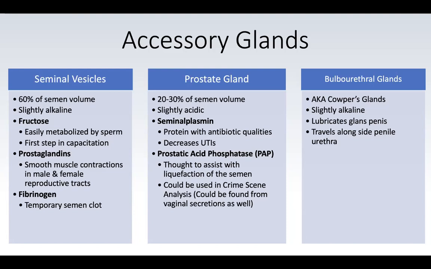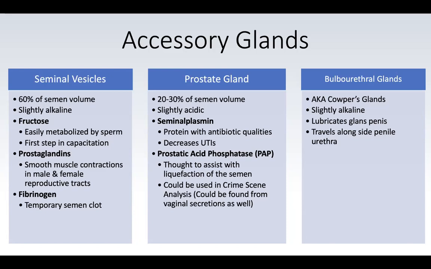Prostate gland will also make prostatic acid phosphatase, abbreviated PAP. We don't know so much about what it does for semen. What we think it does so far is it helps liquefy the semen so that it's not too thick a substance.